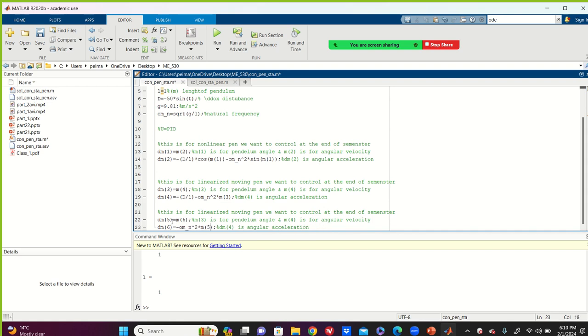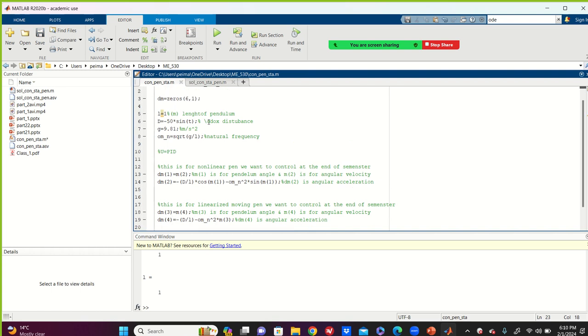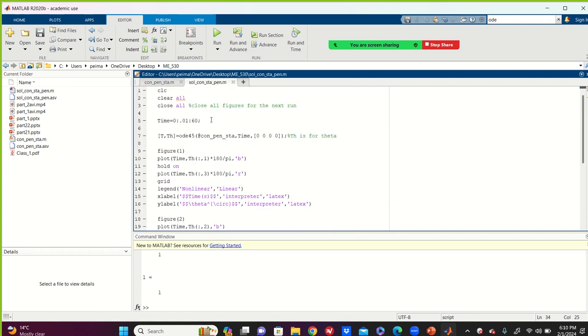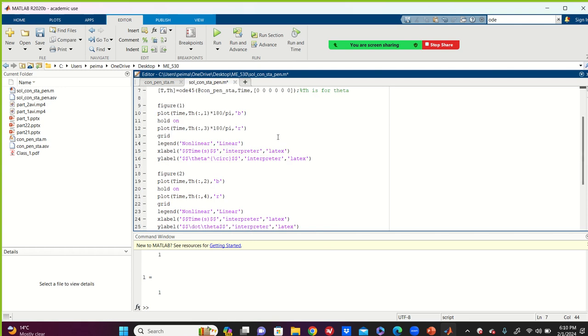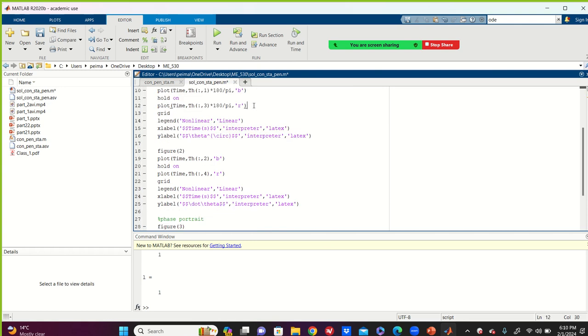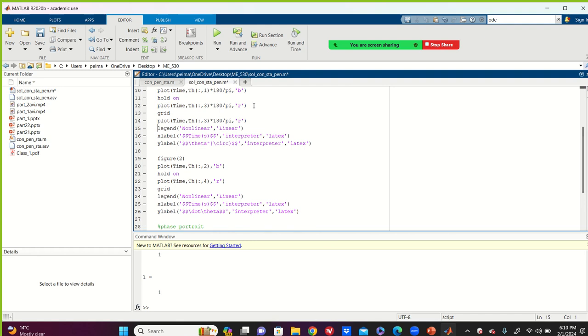And here it's gonna be 5 and the linear pendulum. Here we go. And I'm gonna keep it to low disturbance. And here you have to add 2 initial conditions for 5 and 6. And then you have to add the line here. Plot, hold on. This is gonna be 5.